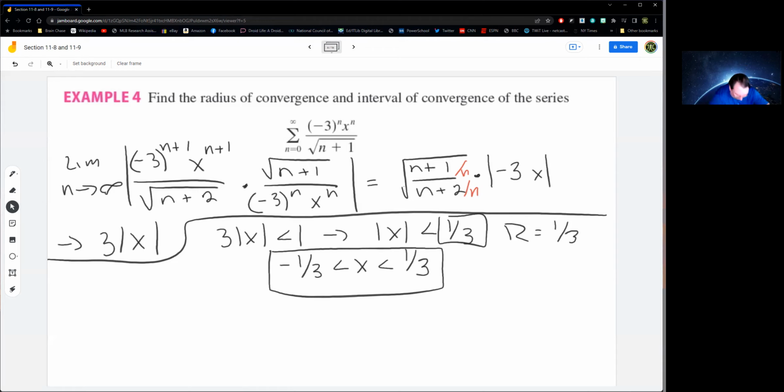All right, so we now have to test each of those cases, the -1/3 and the 1/3.